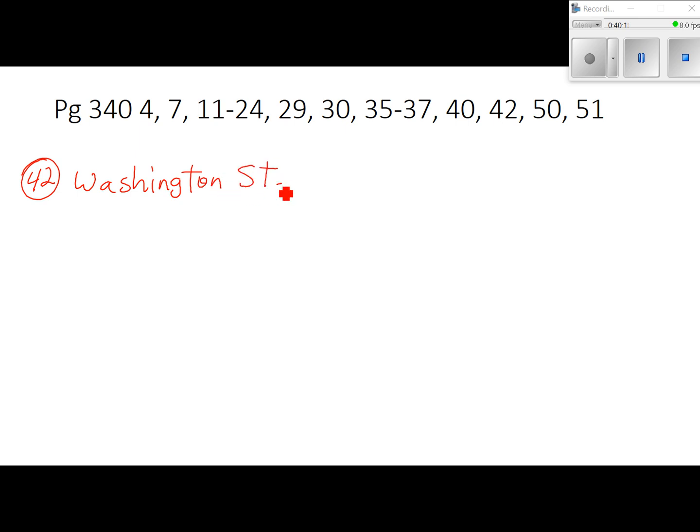And our reason is the shortest distance between any 2 points is a segment. Something that most people say is the shortest distance between any 2 points is a straight line. Well, we know all lines are straight, so the shortest distance between your house and the library has to be that segment, Washington Street, going directly there.